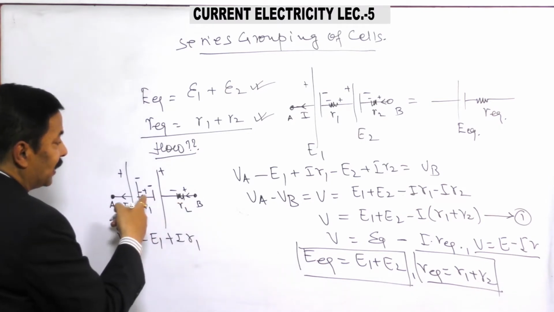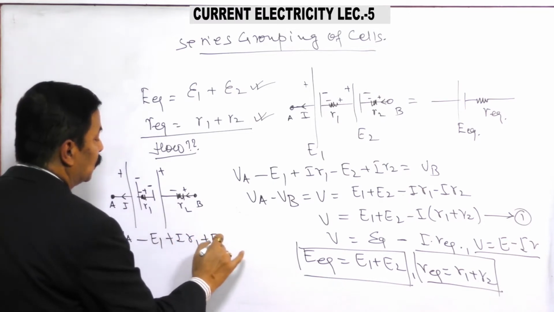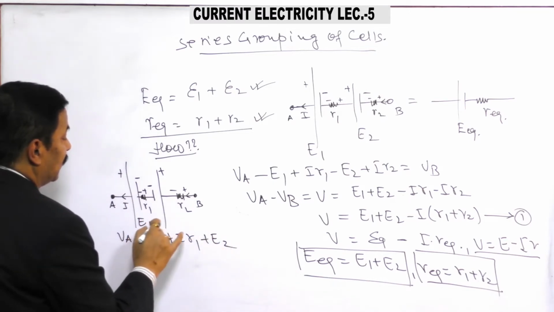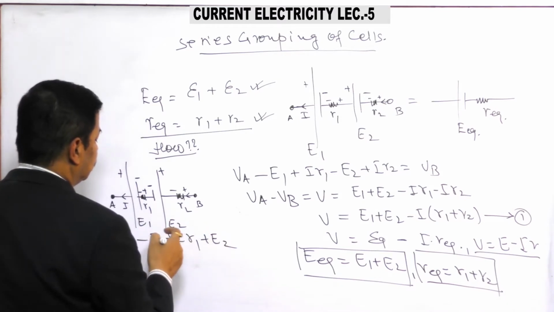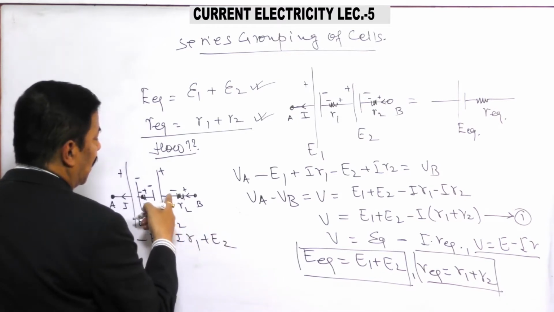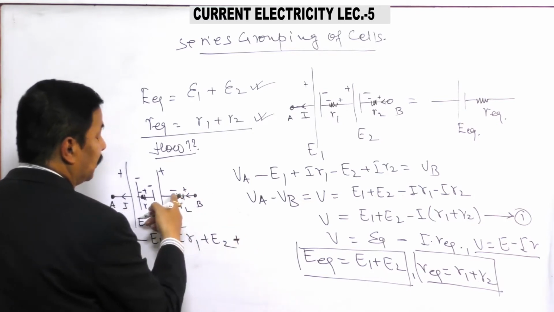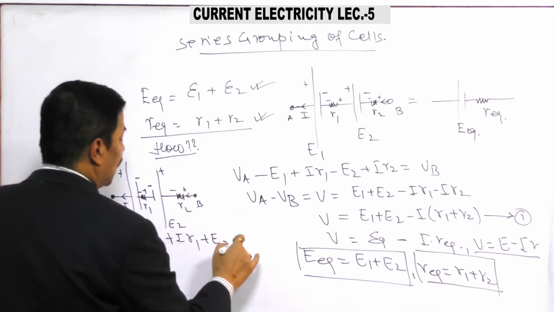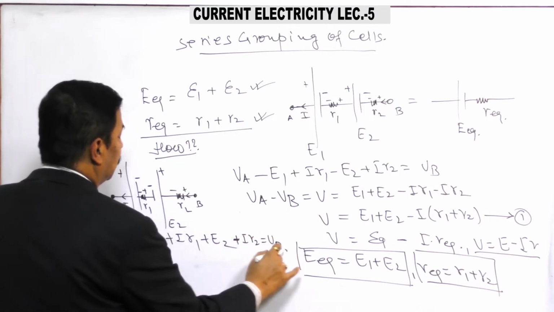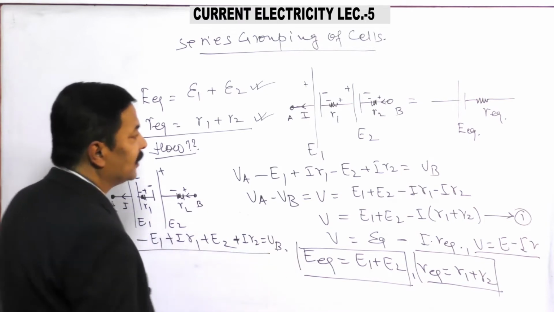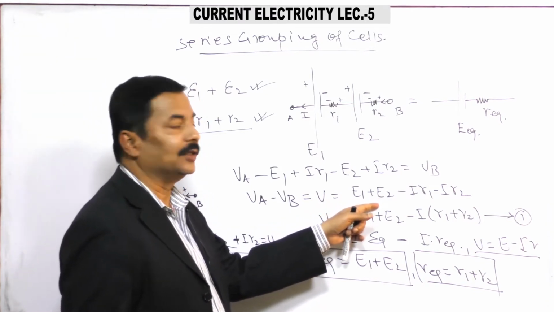Here there is a decrease and an increase, so plus E2, this is E1, this is E2, and then minus to plus is a decrease, plus I R2 is equal to VB. And then in this relation, in place of E2, you will get minus E2.